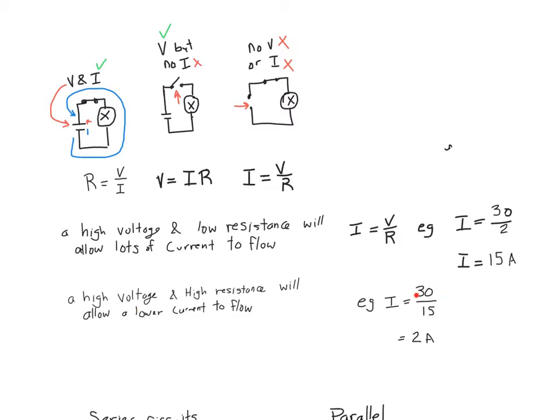We have 30, it's still 30, and instead our resistance is 15 instead of 2. And so 30 divided by 15 is 2 amps. So obviously our current here is higher than our current here. And these sort of statements can be made about any of the arrangements of this formula, since they're all the same formula.